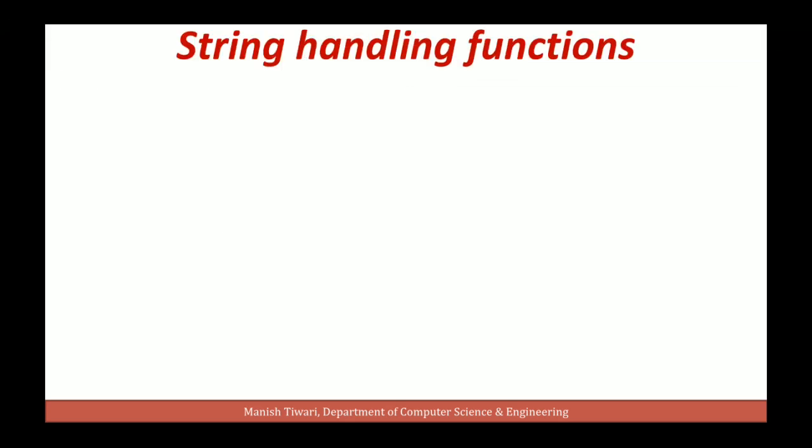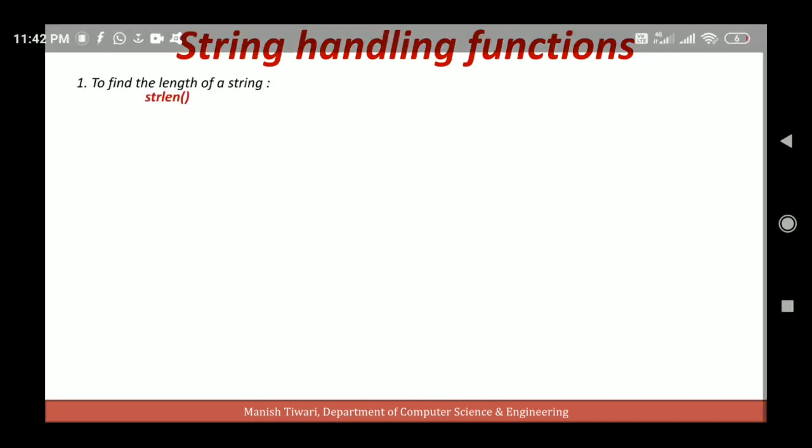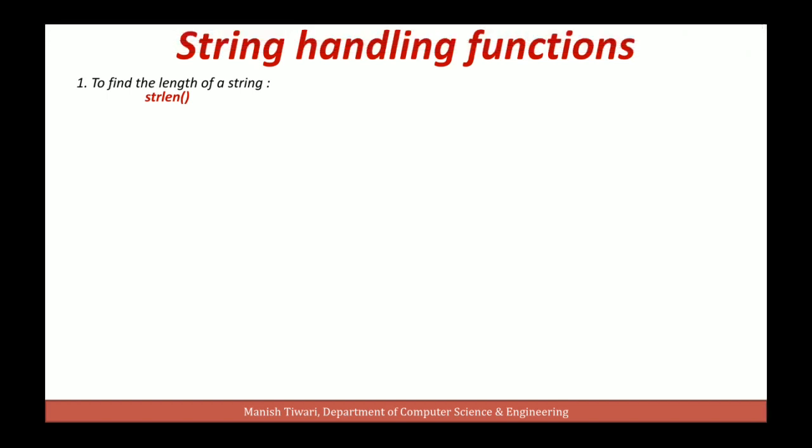In C, to manipulate or to handle strings, we have some library functions. Like to find the length of a string, there is a function called string length, strlen. To copy a string into another string, we use the function strcpy, that is the string copy function.